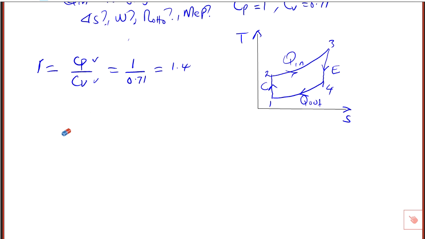Let's first of all consider the heat supplied. We are being told that the heat supplied is equal to 150 kilojoules per kilogram. And heat supply, we know that is the process from 2 to 3. If you draw the PV diagram, the heat addition process takes place through the process 2 to 3, like we saw on our notes here.